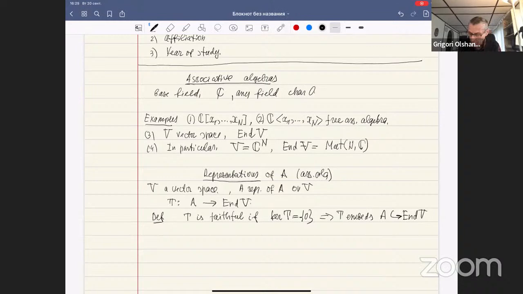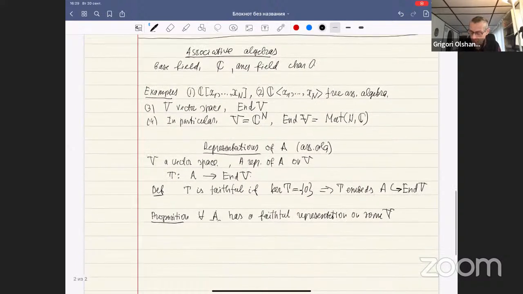An easy proposition is: any algebra A has a faithful representation on some space V. How to prove this?